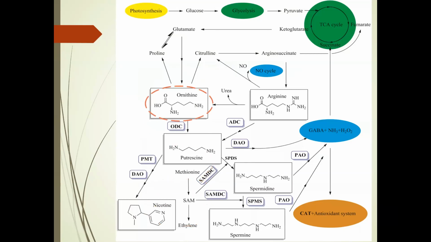Ornithine is a central amino acid which can pass to two competitive pathways. On the left side, it can go to nicotine biosynthesis. On the right side, which is common with animal cells and cancerous cells, it produces polyamines like putrescine, spermidine, and spermine.